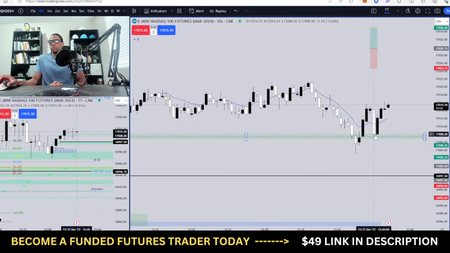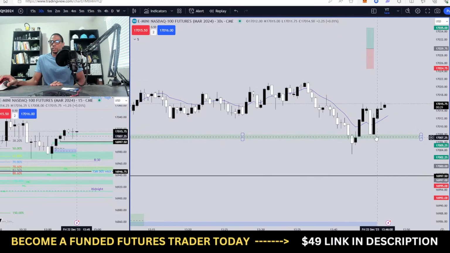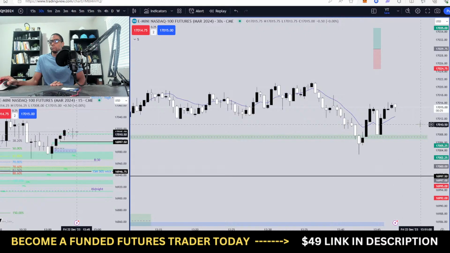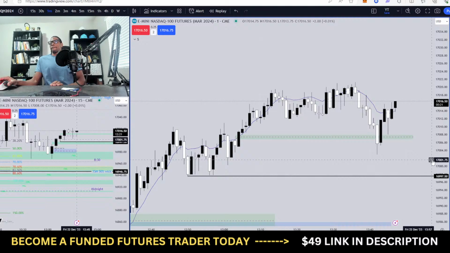Yeah, I like the way the candle bodies close right here. Close right above. The next one started and just completely bought without even retesting the area. So there wasn't a wick there. Okay, let's see what price does now.